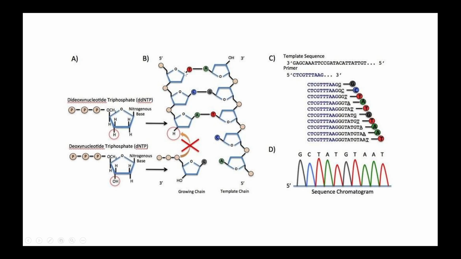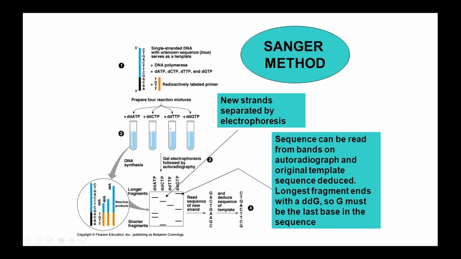Basically, when the primers are added and elongation is happening, if instead of a dNTP a ddNTP gets incorporated, the chain will terminate at that position. And based on the multiple fragments that we get, we can determine the sequence of the DNA. So we can have 4 reaction vials, each having all 4 dNTPs along with an additional ddNTP.